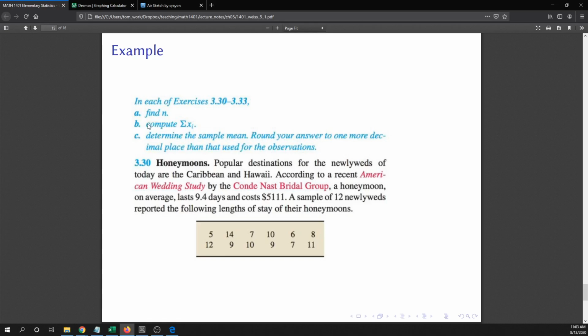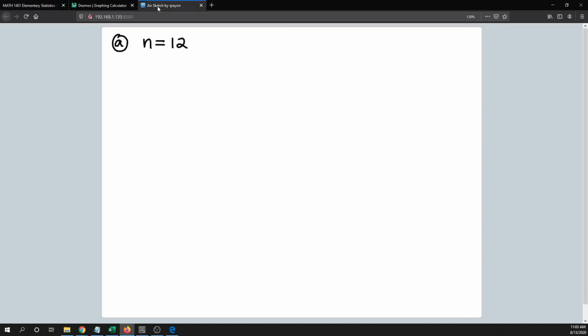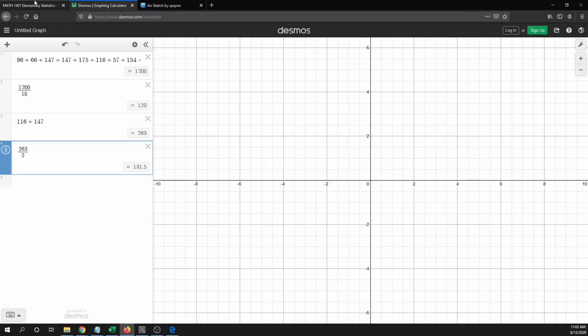Part B says compute the sum of the x sub i's. So in part B, add up all of the x sub i's. All we would do is add up all of our numbers. That's just what that symbol means. So let's do that.